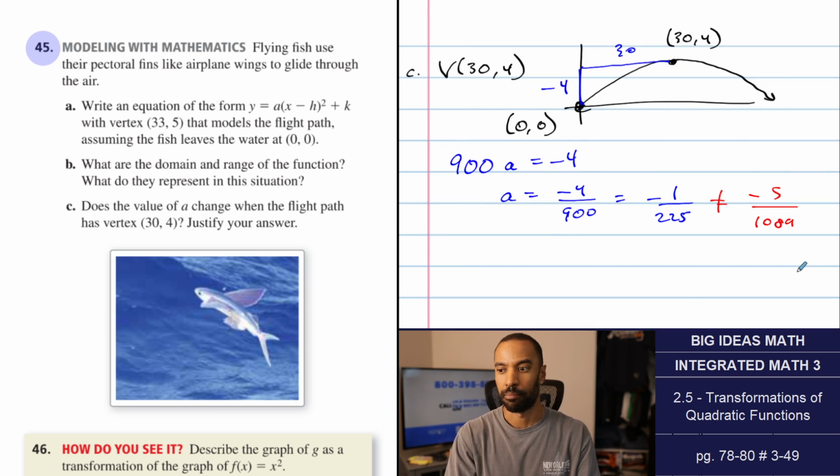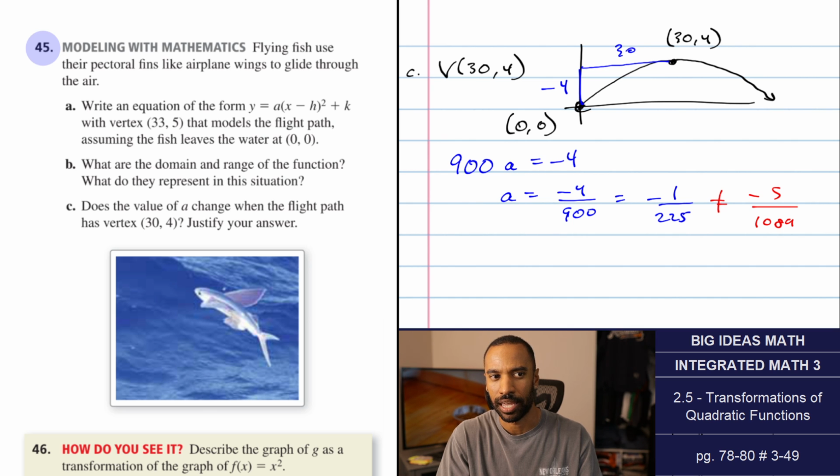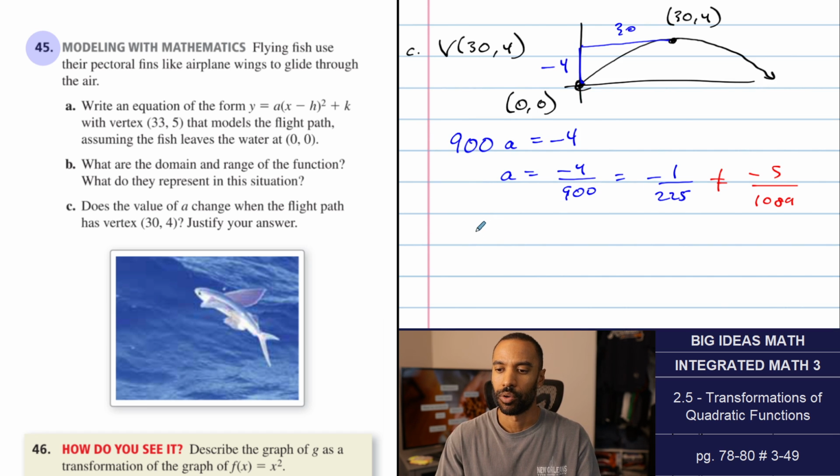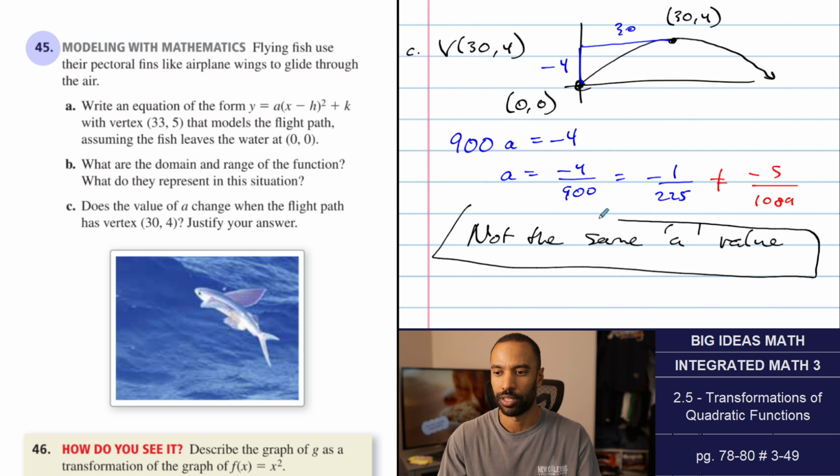Is it close? Probably. Let's see. Negative 4 over 900 is negative 0.004 repeating, and negative 5 over 1,089 is negative 0.004591368. They're close. They're not the same. So not the same A value. Not the same stretch factor, compression factor, whatever you call it.